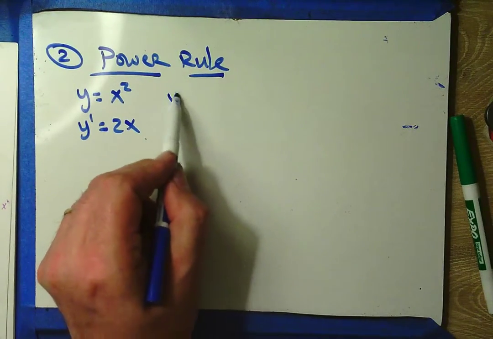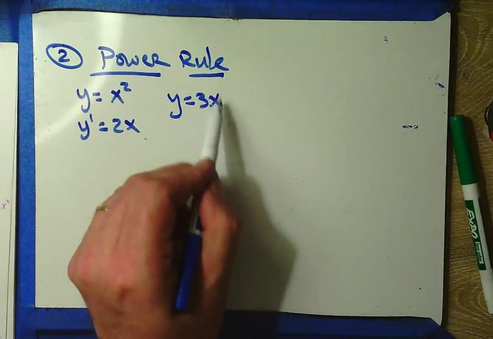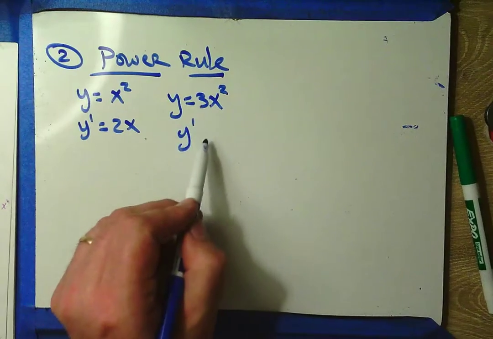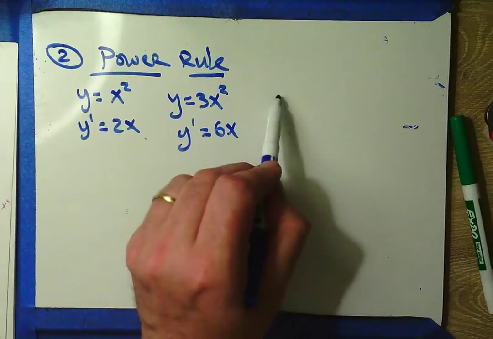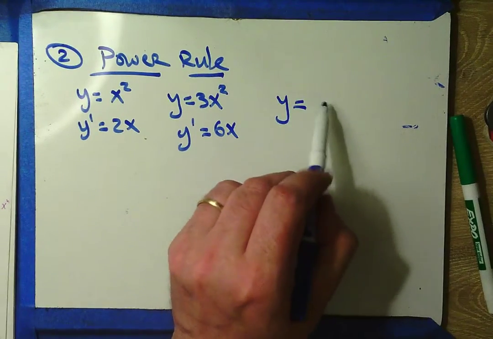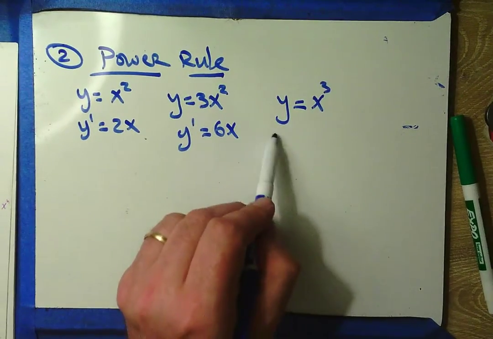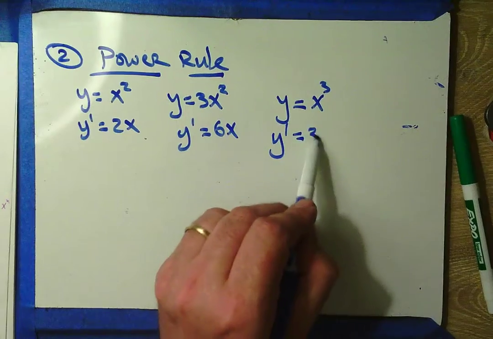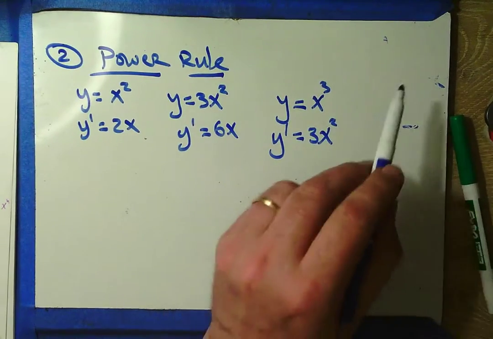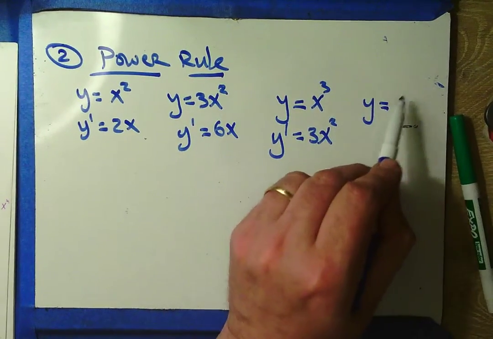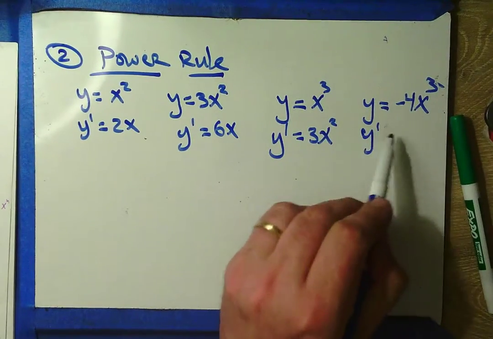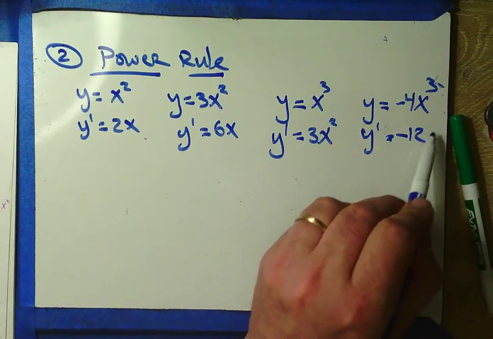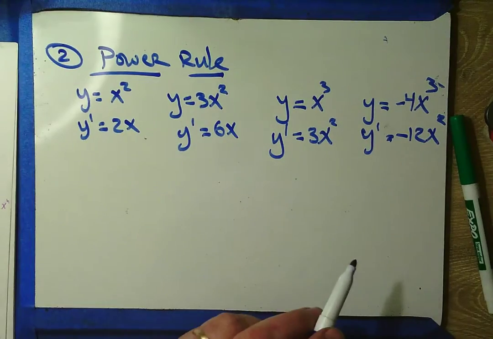And if I have y equals 3x squared, then y prime equals 6x. And if I have y equals x to the third, then y prime equals 3x squared. And if I have y equals negative 4x to the third, then y prime equals negative 12x squared.